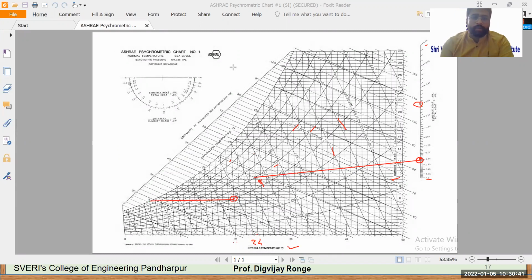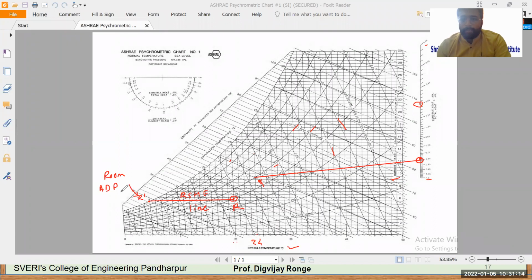This is your RSHF line. The point where it intersects the saturation curve, we refer to as R dash, and this R dash is nothing but the room ADP, that is, room apparatus dew point.